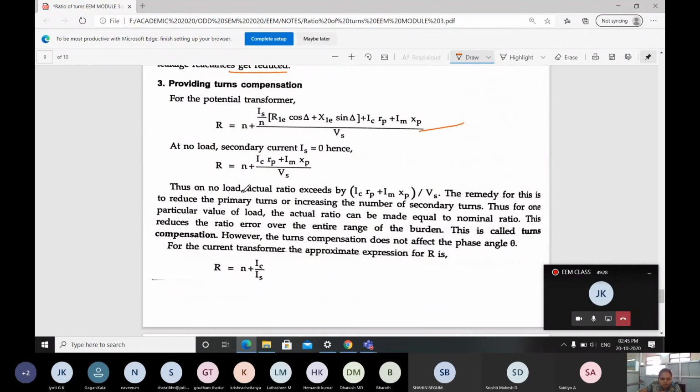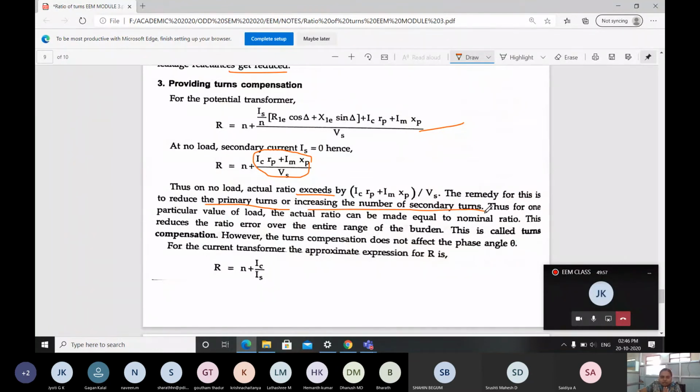Thus, on no load, the actual ratio is going to be exceeded by these many times, that is IC RP plus IM into XP divided by Vs. The remedy for this is to reduce the primary turns or increase the number of secondary turns.